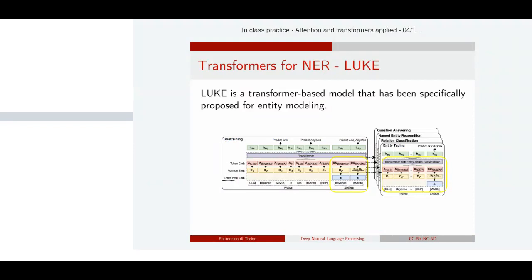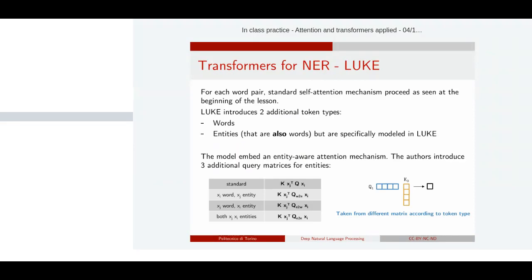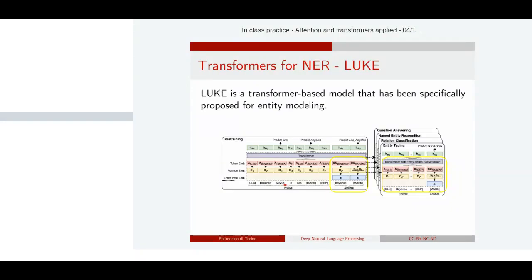So the tokens can be words, but can also be entities. So you have words and entities. Entities are composed by words, and some of the words are entities. So for example, here, Beyonce is a word, but is also an entity because it's referring to the artist, Beyonce.